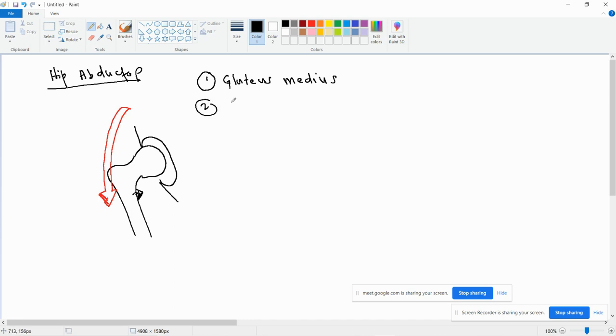Number two, deep to the gluteus medius, we have gluteus minimus. And the last one, the smallest, is tensor fascia lata. So please remember: gluteus medius, gluteus minimus, and tensor fascia lata.